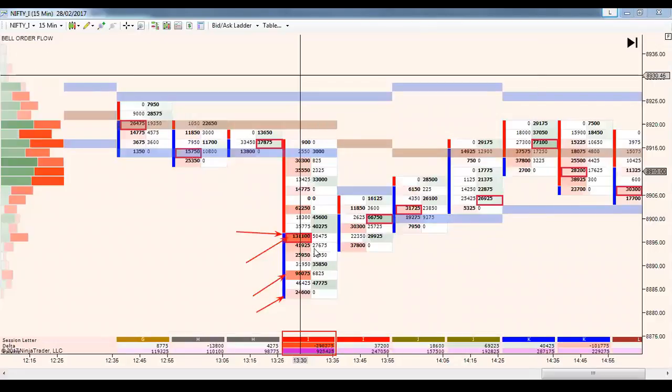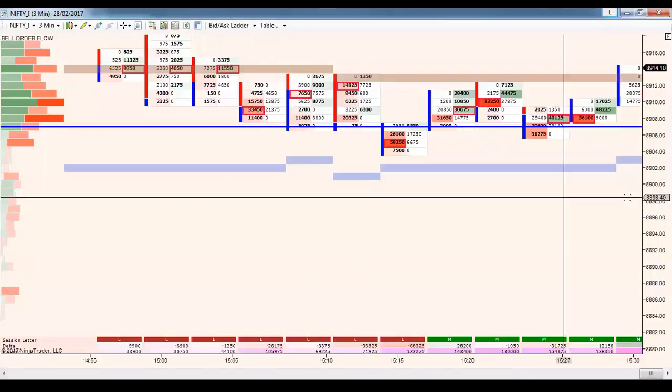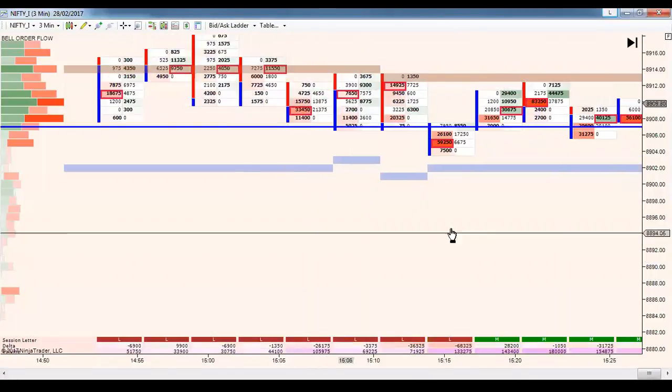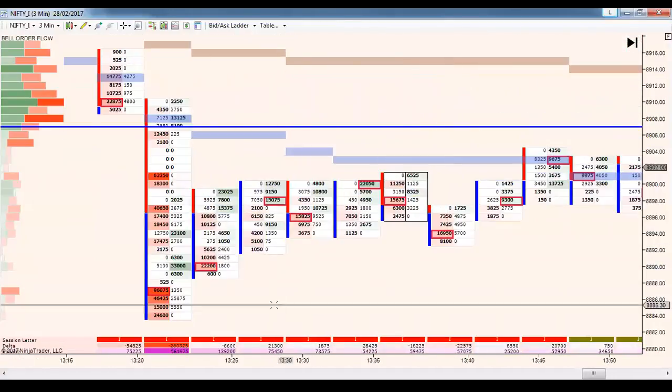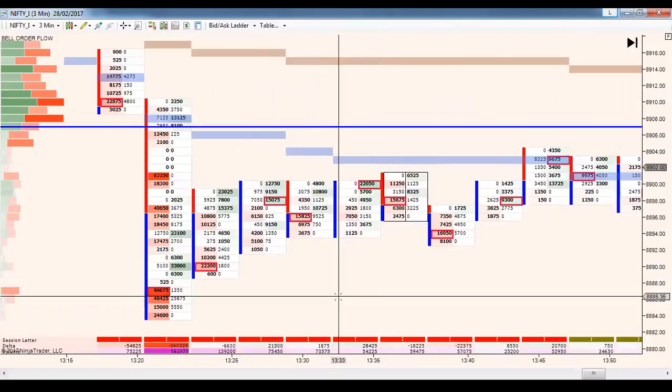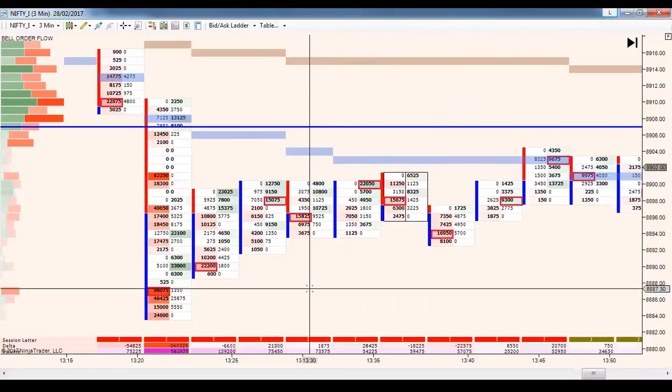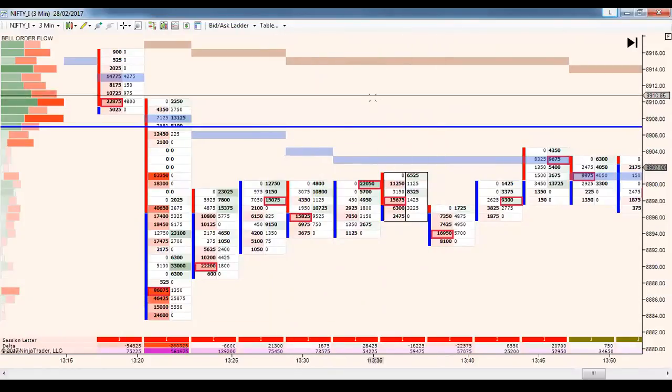If you go on the lower time frame charts, I would again like to reiterate that these are short-term trading opportunities, so I won't necessarily use order flow chart to take a positional trade or to find an entry for a positional trade. This is only for short-term scalping and intraday trading.